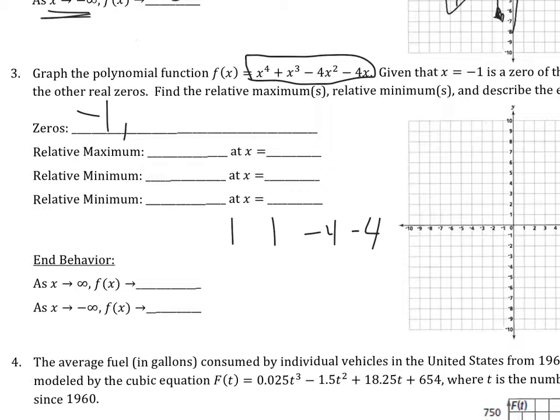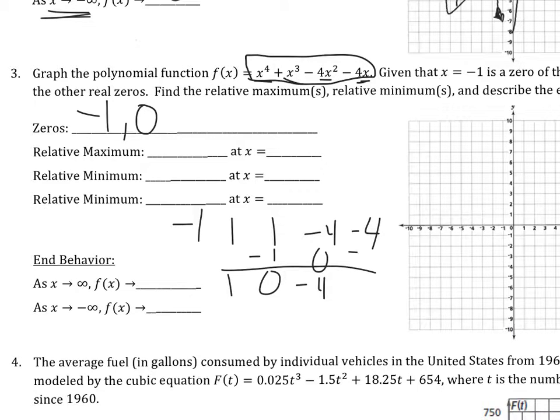So the very first thing I'm going to do is factor out the x and realize that if there's just x, that is 0. If there's one single solitary x I can factor out, that makes it 0. So I've got negative 1 and 0, so I'm already kind of halfway there. So I'm going to run negative 1 on what's left. So that's going to be negative 1, 0, 0, negative 4.